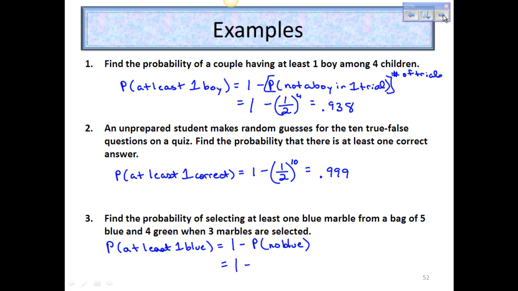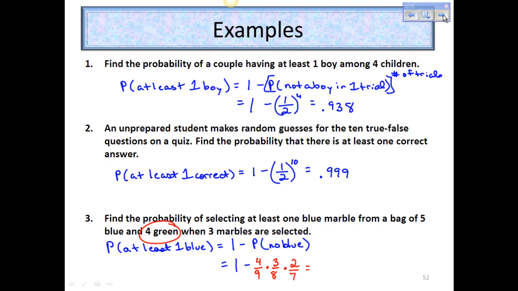Okay, so if we can't select blue, notice we have 4 green. So that would be 4 out of, we have a total of 9 marbles. Now we don't replace that marble, so on our second selection we only have 3 green and 8 marbles. And then on the third selection we would have 2 green and 7 marbles.